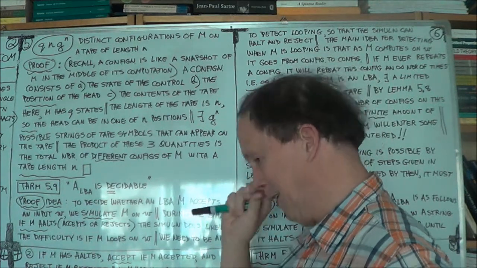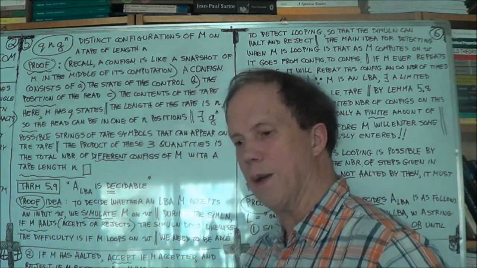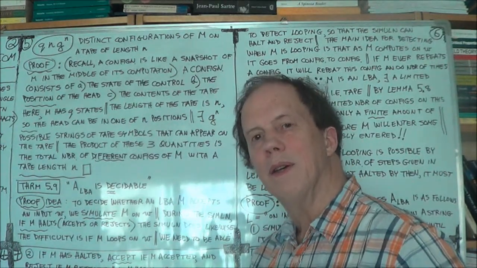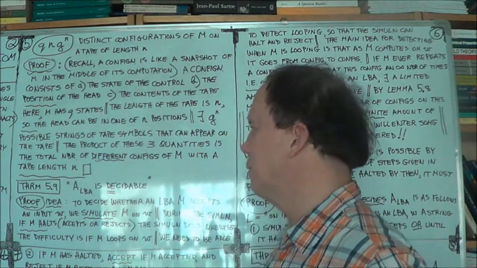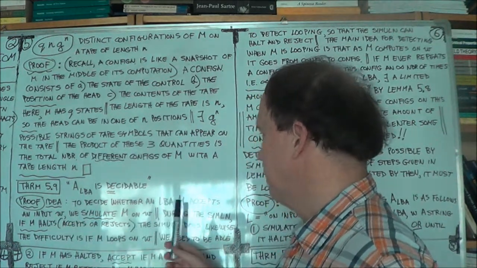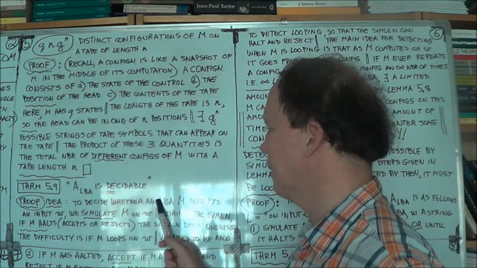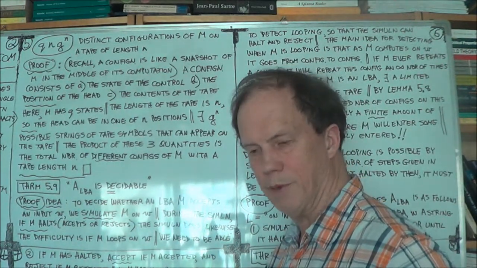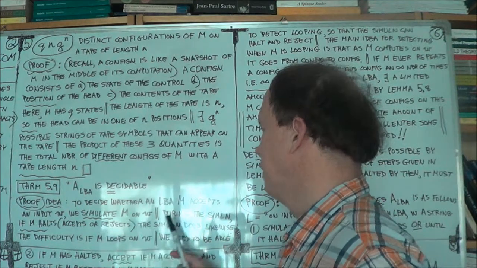Now, as usual, when you're talking about the proof idea, usually there's a core idea, the essential idea that the whole proof is based on. So in this case, what is it? Well, we're going to simulate this thing using an ordinary Turing machine, an infinite tape Turing machine. Okay? So that's this essential idea.